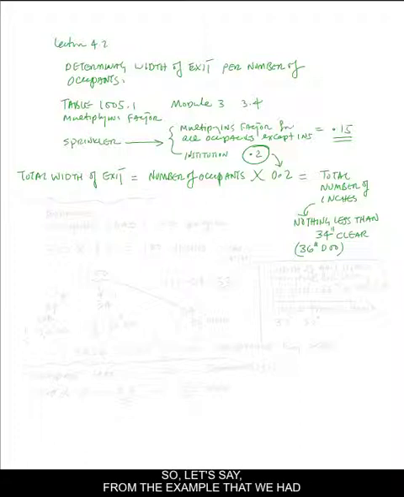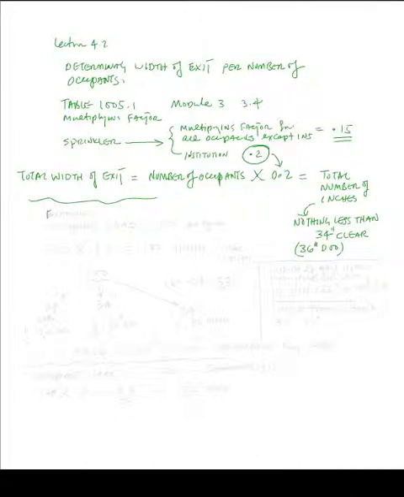So let's say from the example that we had, an occupant load of 500 people.